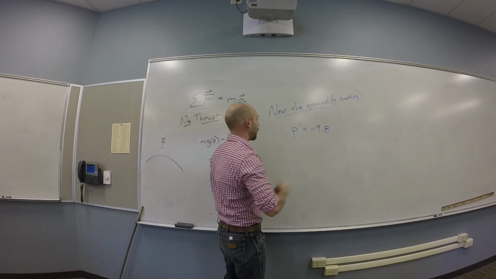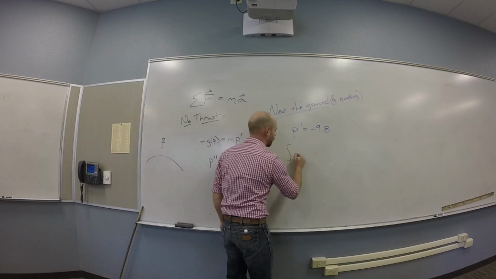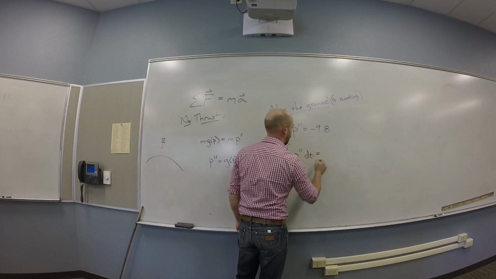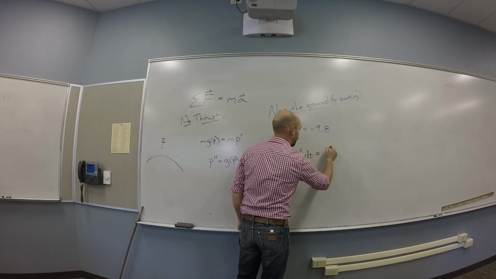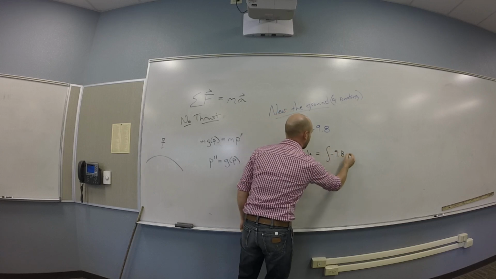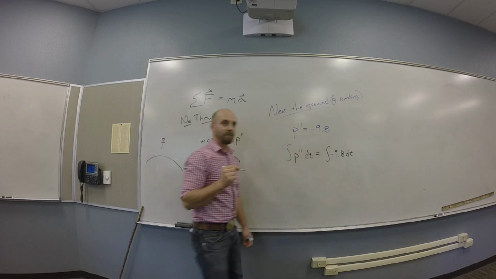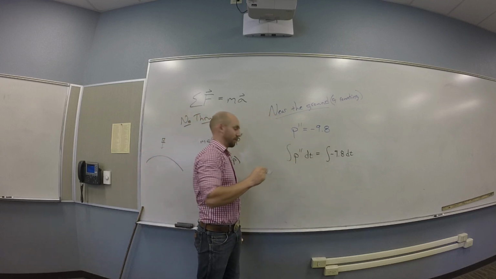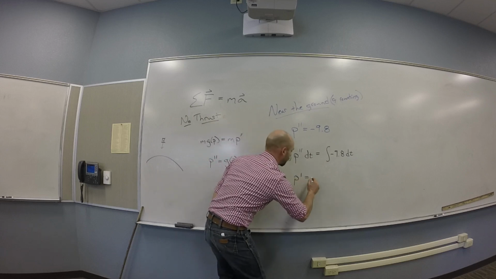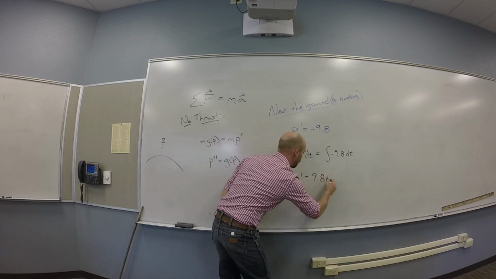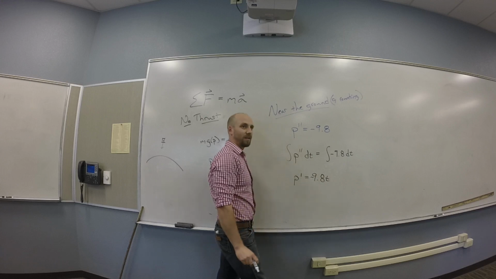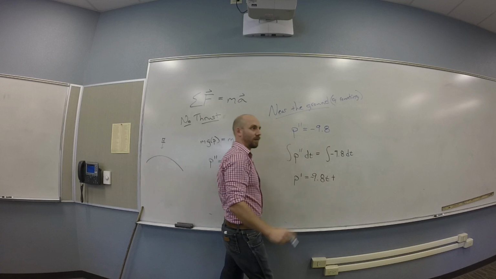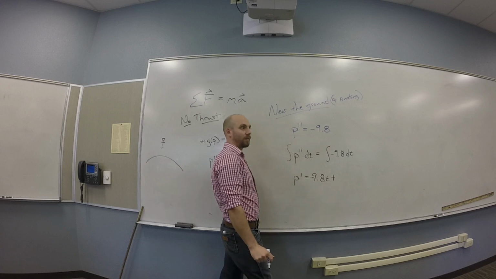Okay, so let's integrate once. We're going to integrate p double prime dt, which is the integral of minus 9.8 dt. And so we'll get what? p prime is minus 9.8 t plus some constant. Which turns out to be your initial position. Close.